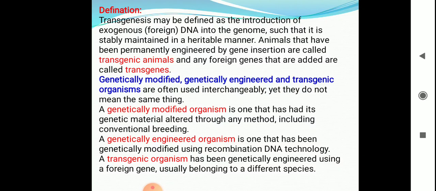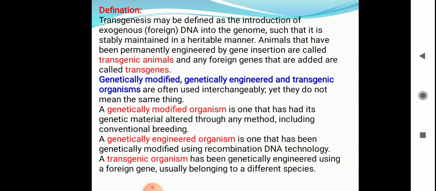are called transgenes. Genetically modified, genetically engineered, and transgenic organisms are often used interchangeably, yet they do not mean the same thing. A genetically modified organism is one that has had its genetic material altered through any method, including conventional breeding, crosses between animals, and that is known as a genetically modified organism.